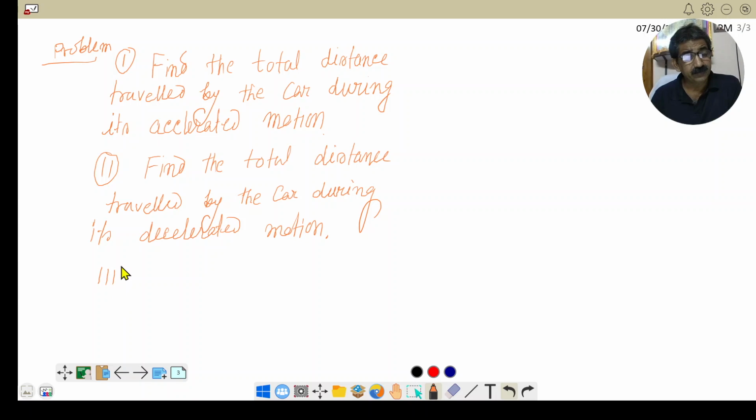Number three, find the average velocity of the car.